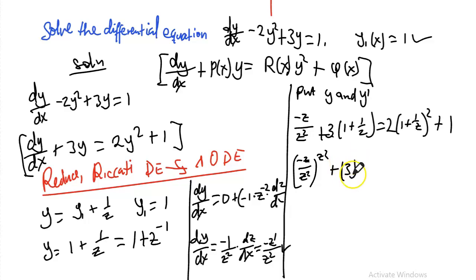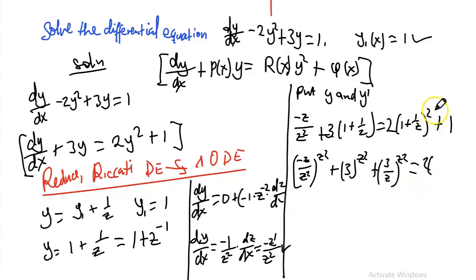This becomes 3z squared plus 3 over z. So we will have it as 3 over z, then z squared, trying to square both sides. So this is equal to 2.